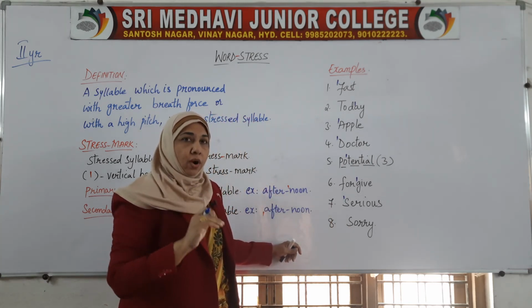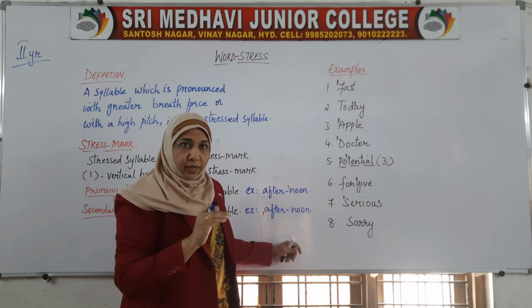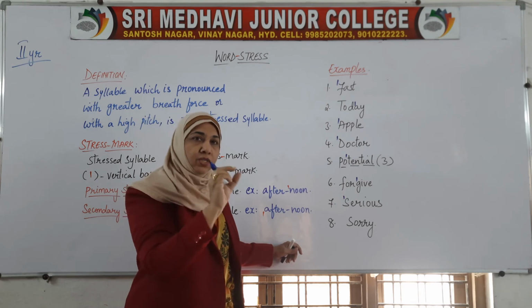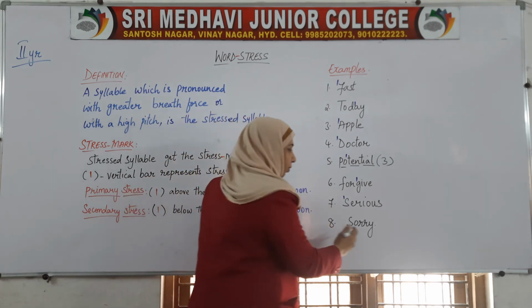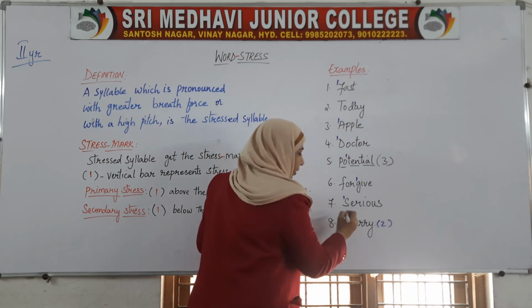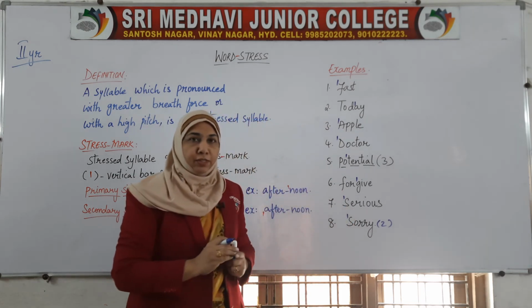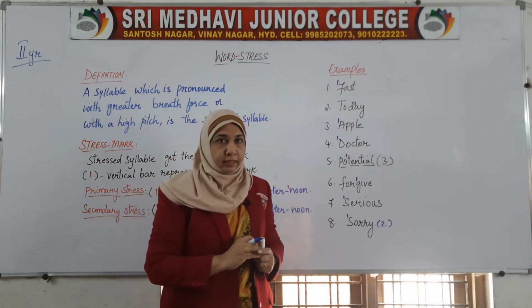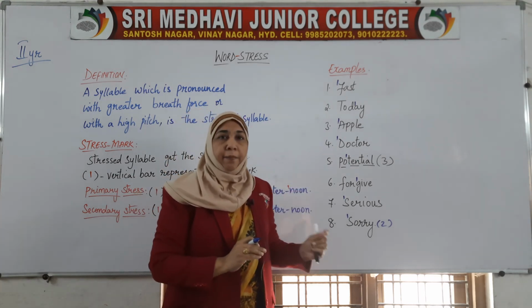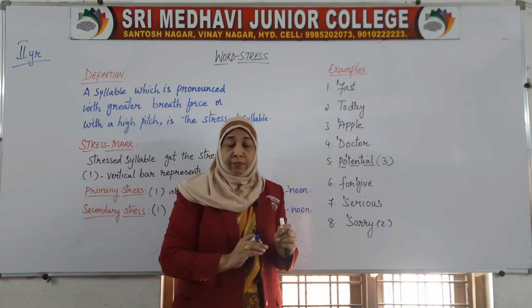Next is "sorry". The R is not getting pronounced properly. So obviously you are able to hear the first syllable in a better way, even though it is of two syllables. So you have to put that stress mark on S. Now, all these are the primary stress.